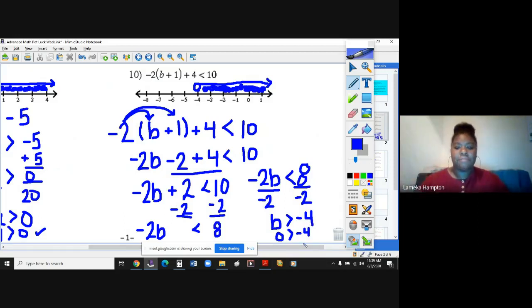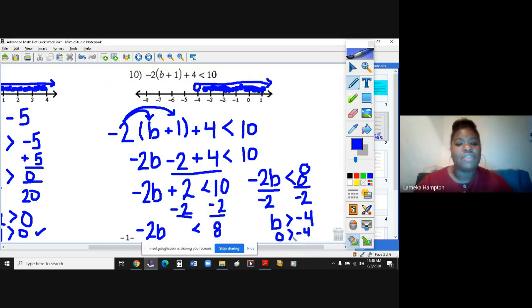Now, what I did, I picked a number off the number line to determine which direction my line is going to go. So I picked 0. I had to make sure I picked the right number. So I said, is 0 greater than -4? That is a true statement.